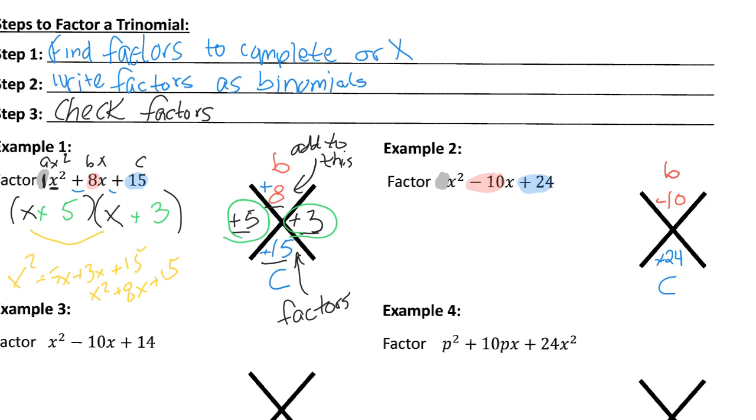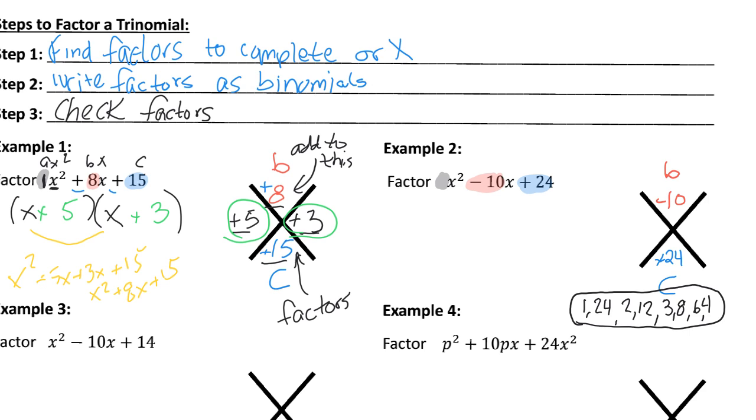So first thing I'm going to do is list out factors of 24. I have 1 and 24, 2 and 12, 3 and 8, and 6 and 4. Is there any combination of these that add up or subtract to get me -10?